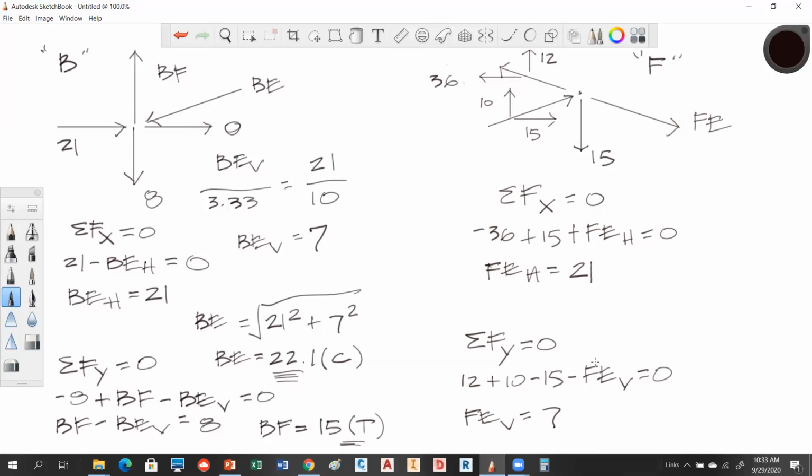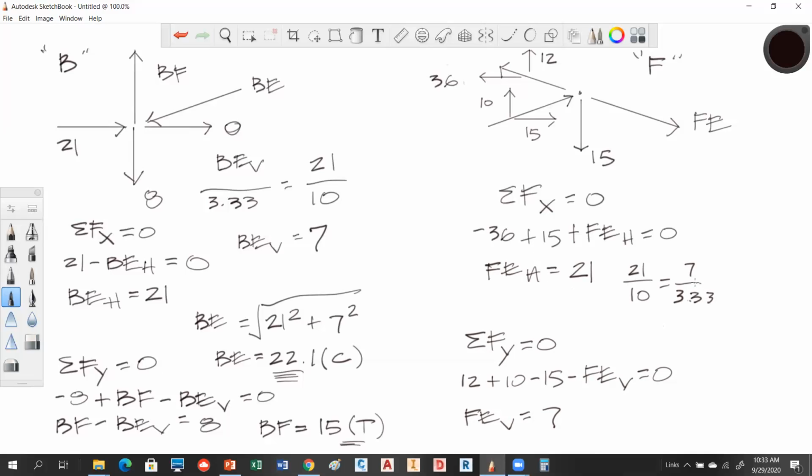Is that good? All right, so now, since we solved both of these components, we should compare them to the geometry, and we can see if we got the right answer here. So if we get the right answer, we're good. So horizontal, 21 kips is to 10 horizontally, as 7 kips is to 3.333.